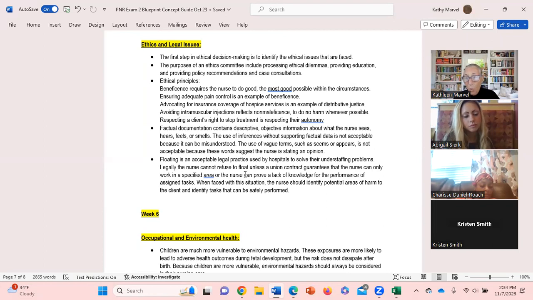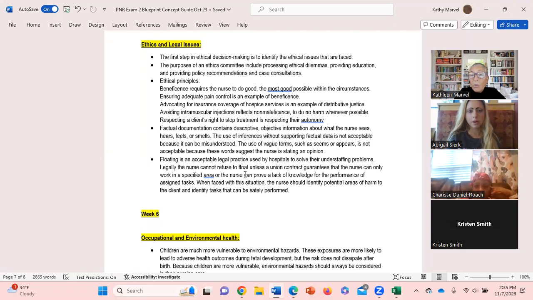Ethics is doing what's morally right, for the good of all, as much as we can. So we do the most good within the circumstances we have. An example would be, with a hospice patient, ensuring pain control or pain management, right? What's non-maleficence?